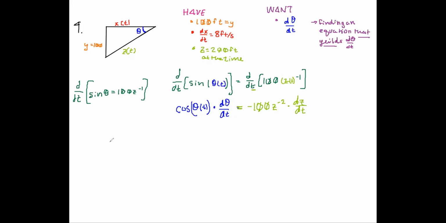I think I'm missing something. I'm going to check and see what it is in a sec. I'm going to rewrite this as d theta dt is equal to negative 100 z to the negative 2 dz dt over cos theta.